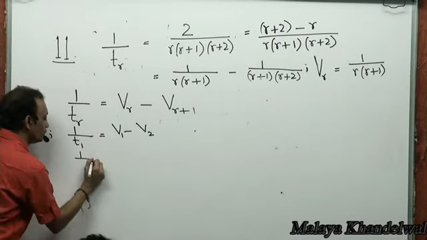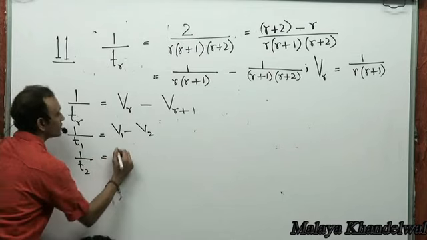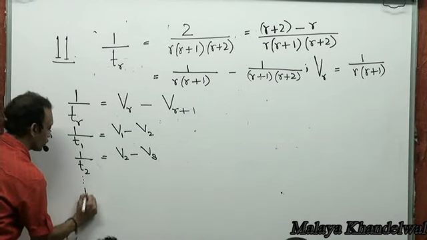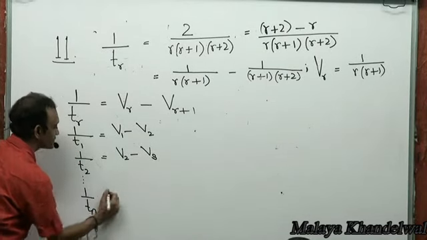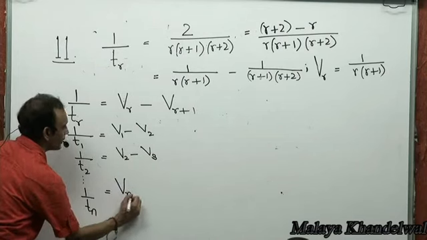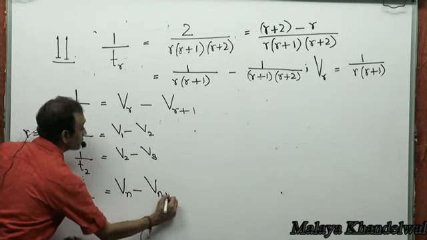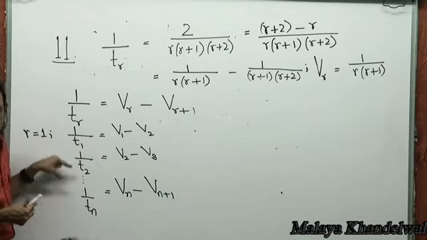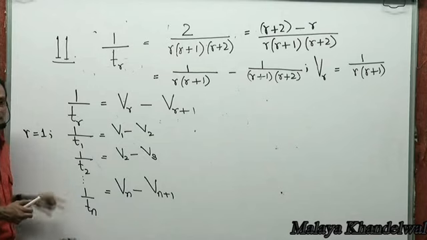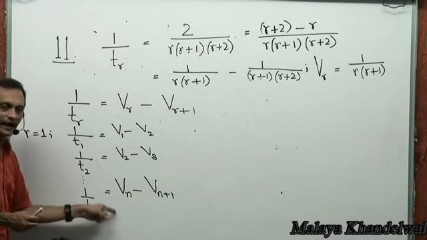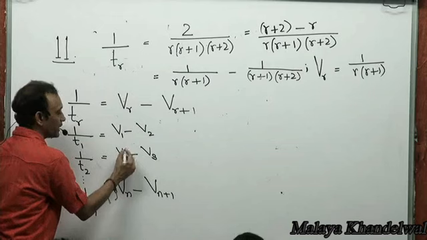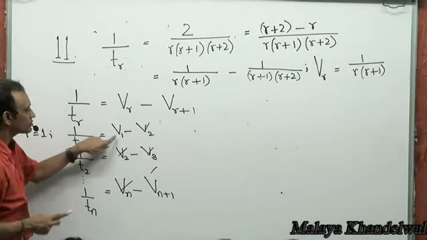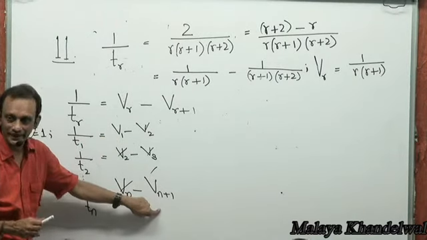Plug in r equal to 2, 1 by T2 is V2 minus V3. 1 by Tn is Vn minus Vn plus 1, right? We need the value of 1 by T1 plus 1 by T2 plus 1 by T3 up to 1 by Tn, right? Let me add them. So if I add them, realize that there is a cancellation of this kind that takes place. You're left with two terms, V1 and Vn plus 1.